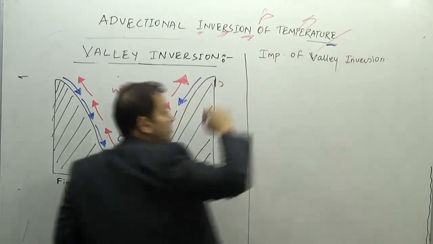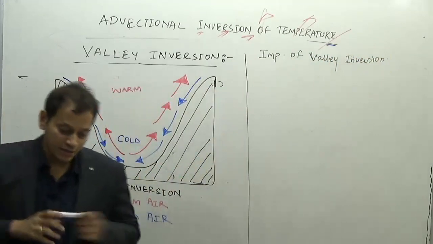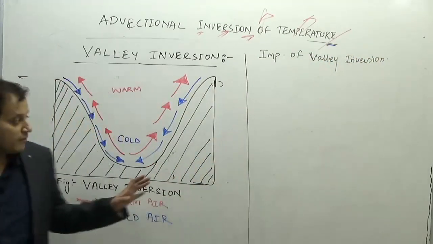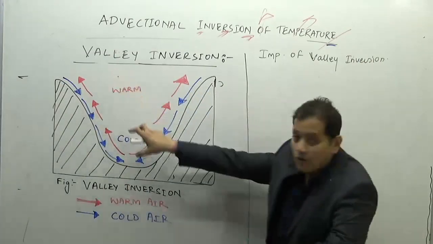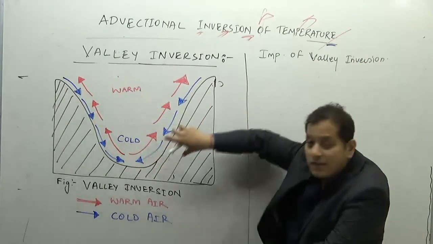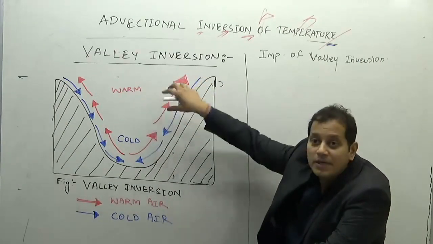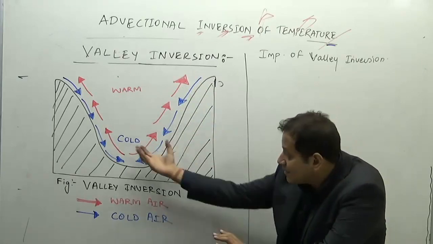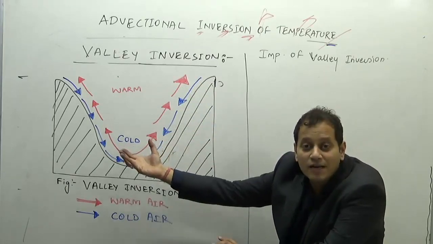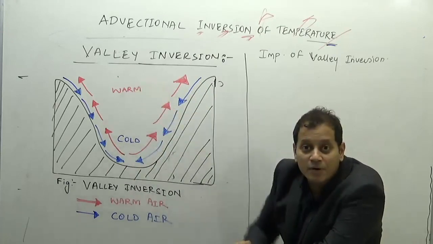What is the importance of a valley inversion? See, what is happening here is that the cold air is coming from above and occupying the valley floors, while the warm air is being pushed upwards. Over a period of time, during the night time, the lower part of the valley becomes cold, while the air above remains warm.